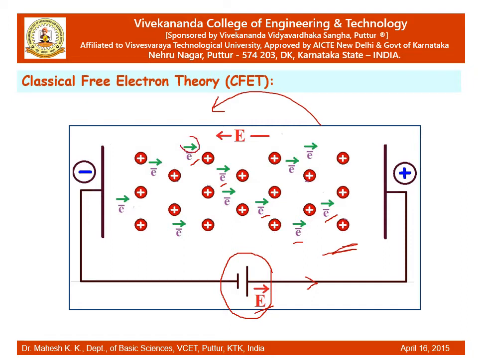You see that the arrow mark is here and the arrow mark of the electrical field is here. So that means electrons will be moving towards the positive electrode, and this is how the charge is going to be generated, or the mobility of charge is explained.